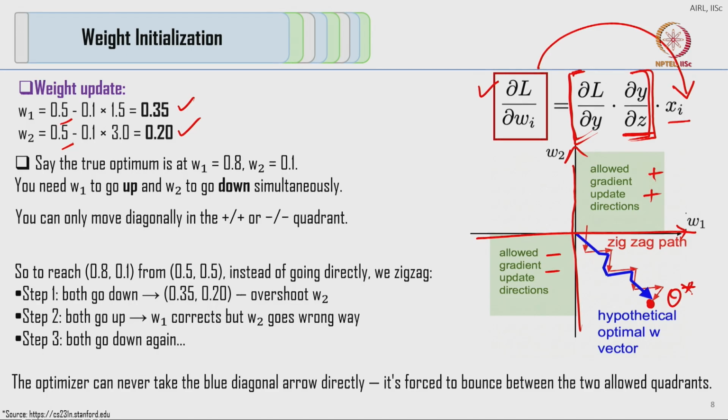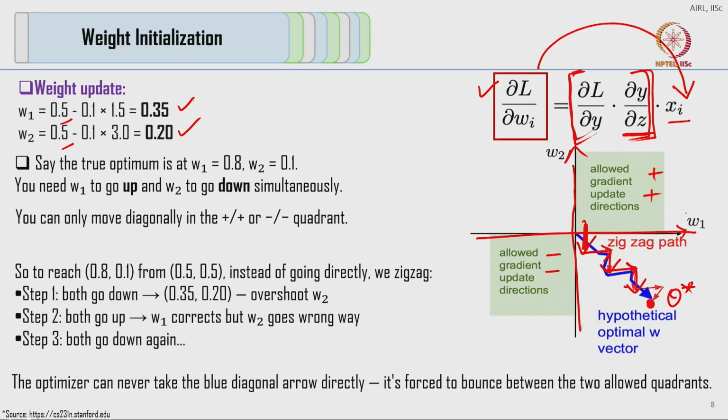The gradient update would always follow a zigzag pattern, either a horizontal line or a vertical line, and so on. So essentially, instead of following the blue line, which would lead directly to the hypothetical optimal theta star, or W1 W2, we would have updates in a zigzag manner, and this actually affects the convergence.